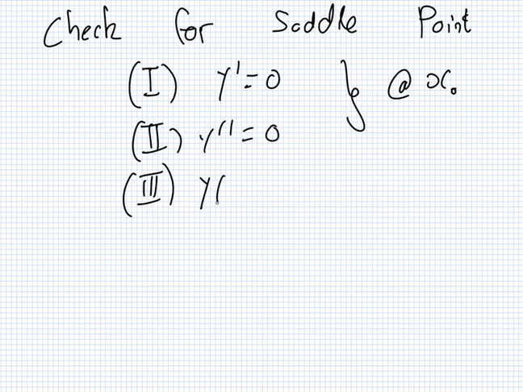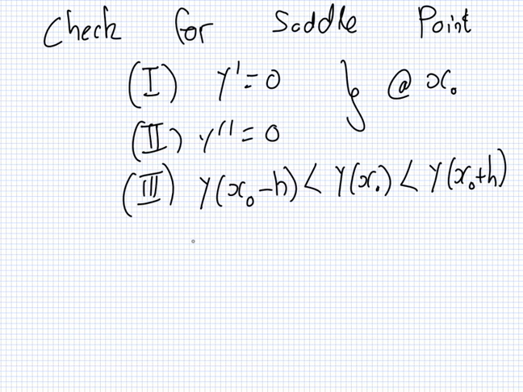So it's a saddle point if y(x0 minus a very, very small number) is smaller than y(x0), which is smaller than y(x0 plus a very small number). Or the opposite, you could have it the other way around, with a bigger.